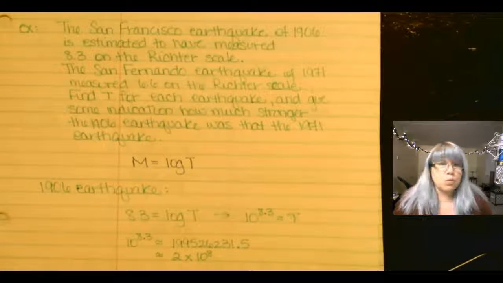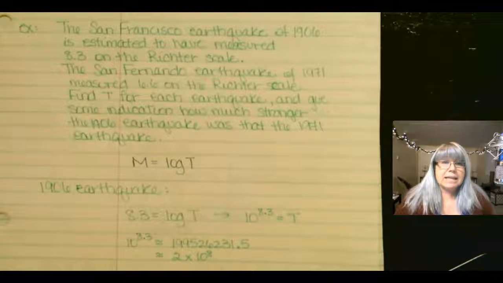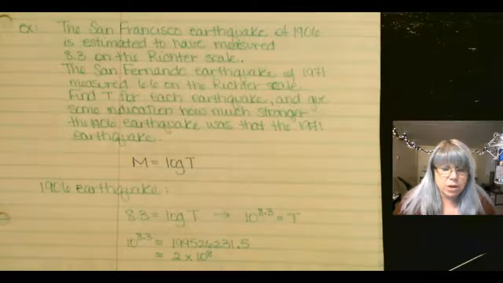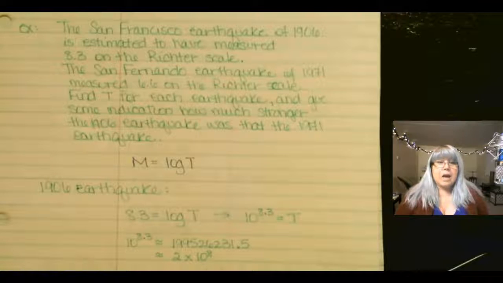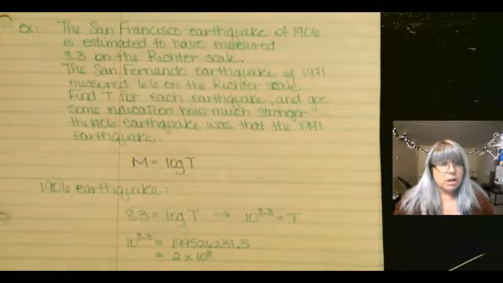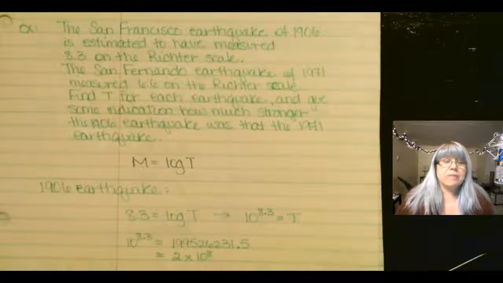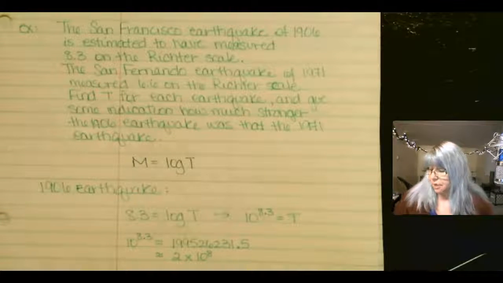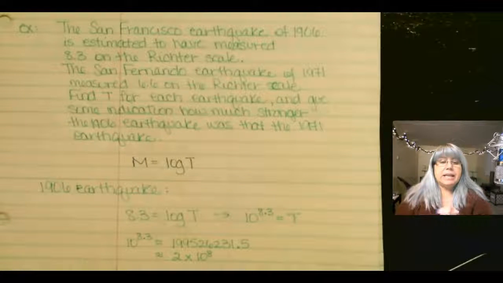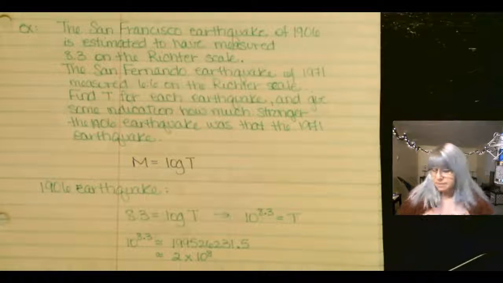In 1971, there was an earthquake in San Fernando in Southern California, and it measured 6.6 on the Richter scale. So we want to know how much bigger the San Francisco earthquake was in comparison to the San Fernando earthquake. What we need to figure out is, using the magnitude, let's find the shock waves.